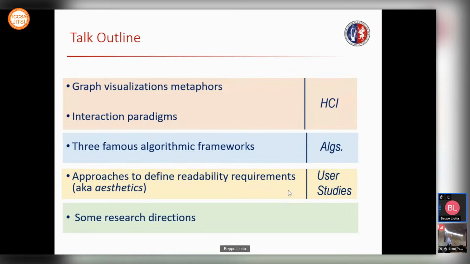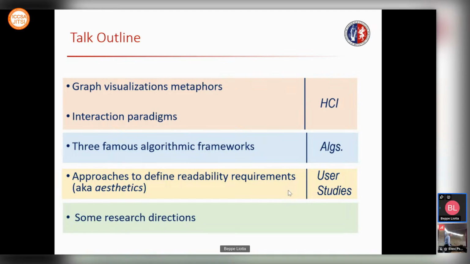I will briefly talk about three famous algorithmic frameworks, and this is the algorithmic part. And then I will talk about approaches to define readability requirements, which is the user studies. And finally, conclude with some future research directions. If you have any questions during the talk, please interrupt me. I'll be happy to answer.